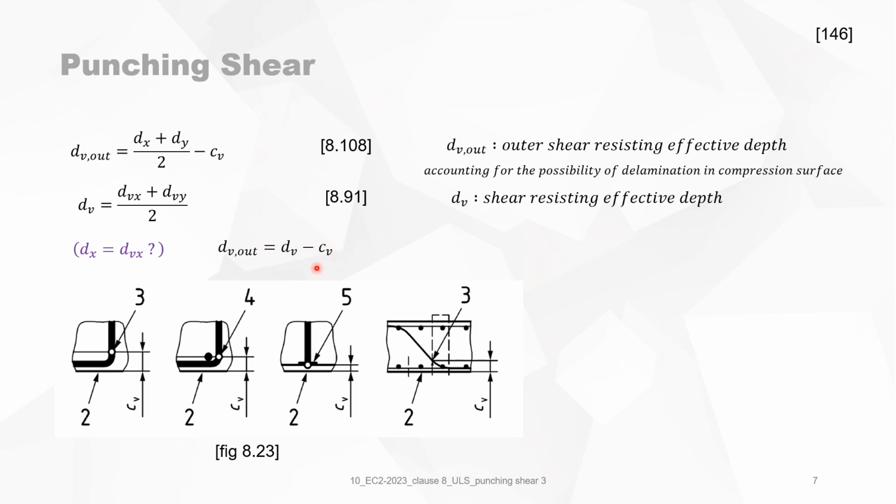cv is defined by figure 8.23 and not by a formula. So you see here, there is some distance cv. I do not know directly how to calculate this. It's most likely to do with the radius of the bend, the point of gravity of the stirrup, and the concrete cover. So you can find something for this.